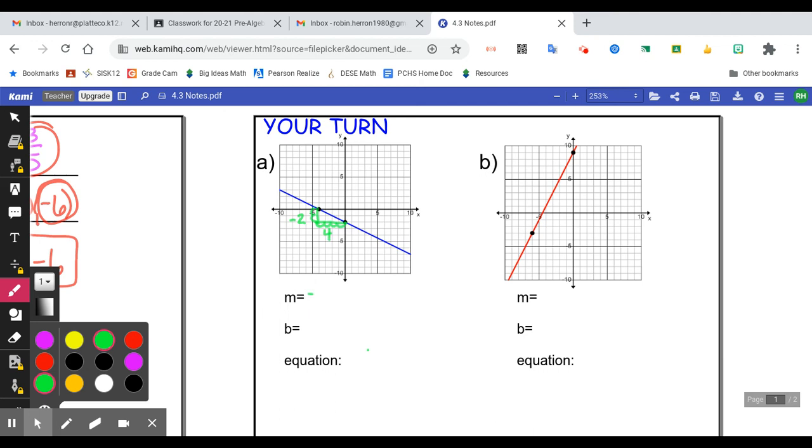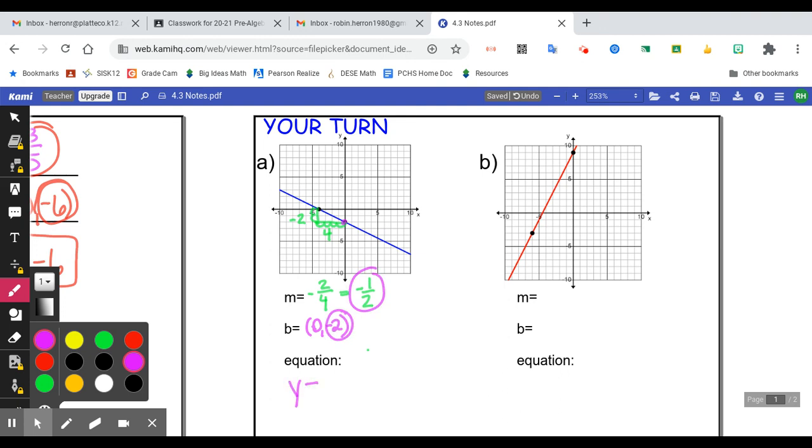So my slope is negative 2 over 4, which simplifies to negative 1 over 2. My y-intercept crosses right here, which is down 2. So 0, negative 2. Here's my m, here's my b.